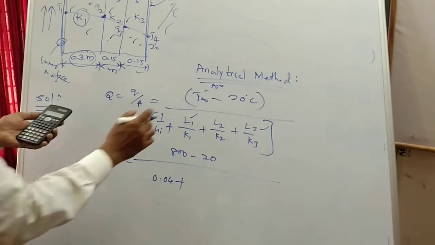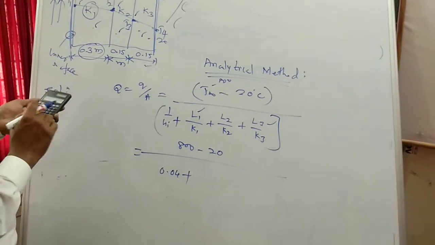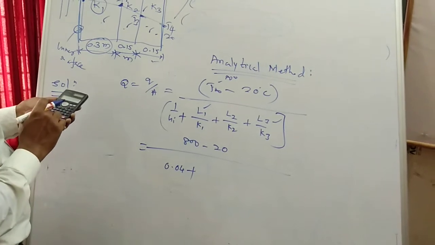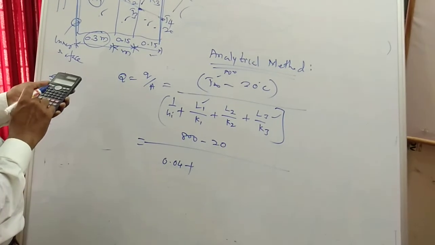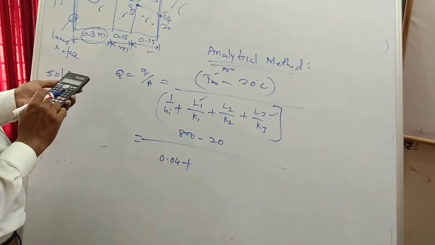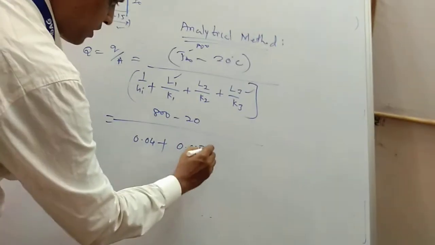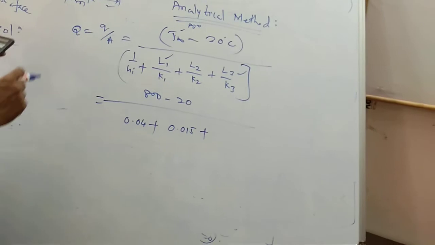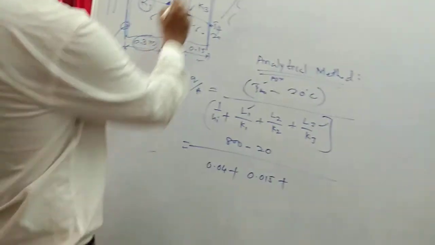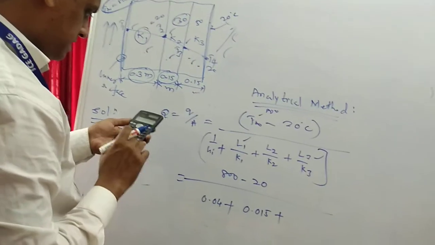Now L1 is 0.3 divided by K1, 20, which gives 0.015, plus L2 by K2. L2 is 0.15 and K2 is 30 watt per meter degree Celsius.